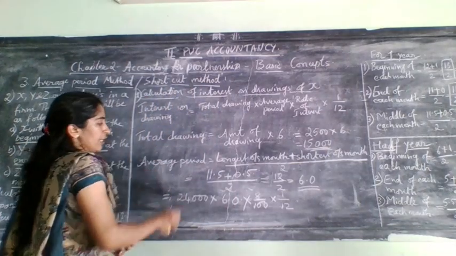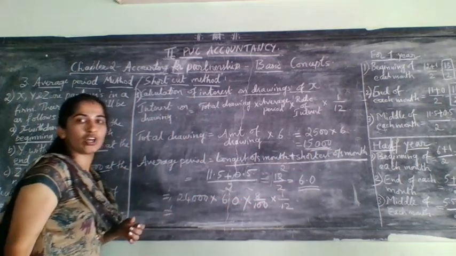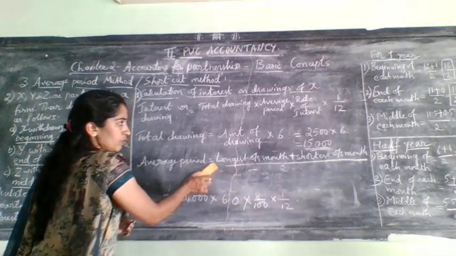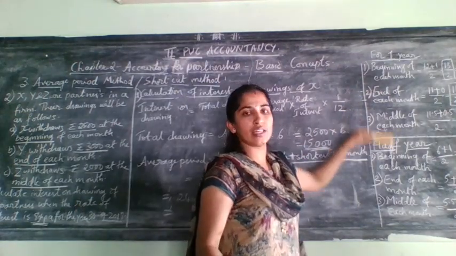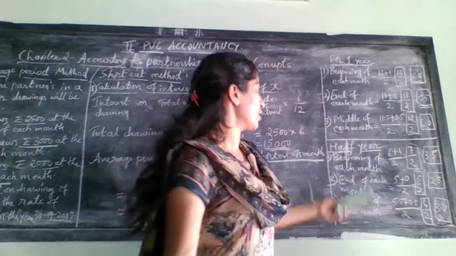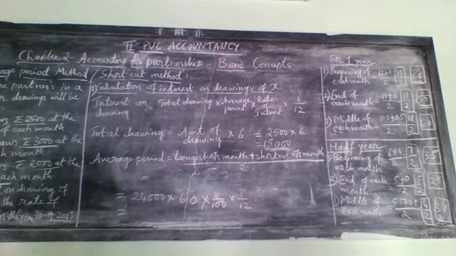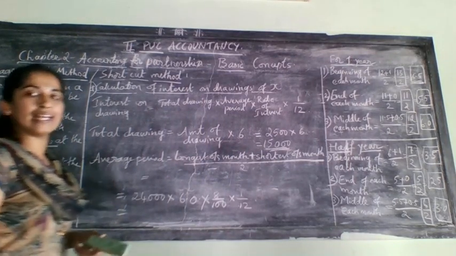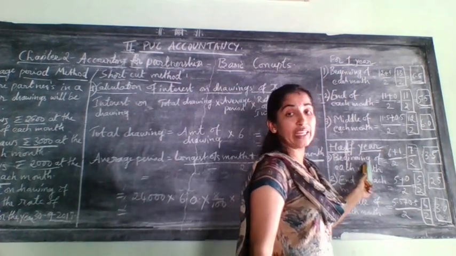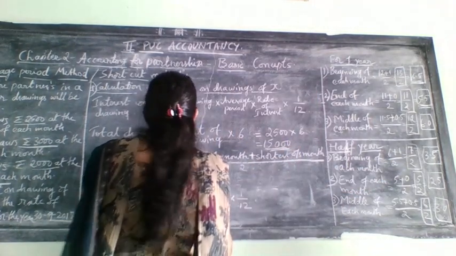Now average period. Average period will be longest outstanding month plus shortest outstanding month. Now which part of the chart you need to consider? This or this? We need to consider the second part. What is that second part? That is half year. The case is, he withdraws money at the beginning of each month. Each month means 6 plus 1.